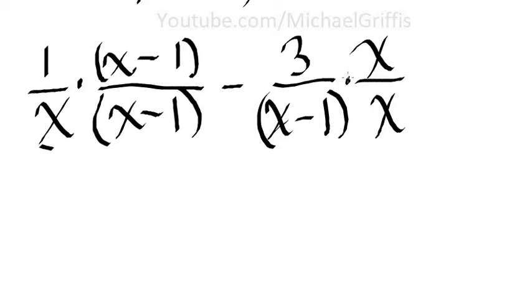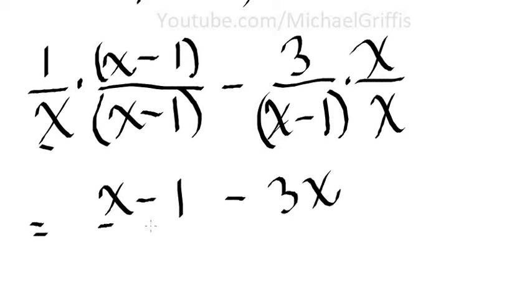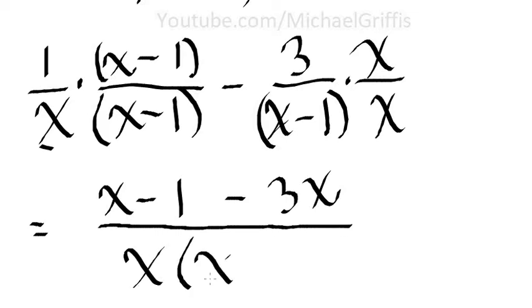Alright, so now combine the tops. So we have 1 times x minus 1, because that's just x minus 1, minus 3x. It's all over x times x minus 1.